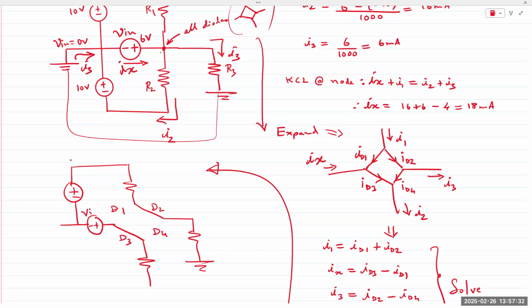Plus minus, this is V in, this is 10 volts, this is 10 volts, and this of course is ground.